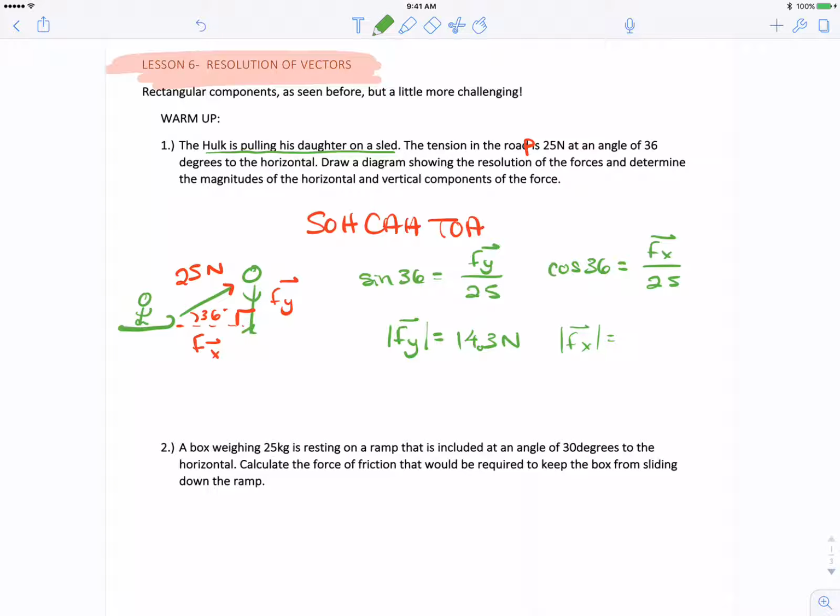Fx being, that would be y, because I have my, people watching this video, if you understood how frustrating this is, 20.5, beautiful. So I don't have a calculator. 20.5 newtons, and we're unfrozen. Beautiful, those are my horizontal and vertical components. So resolving is no different, setting up the diagram is no different, just a little bit different phrasing.